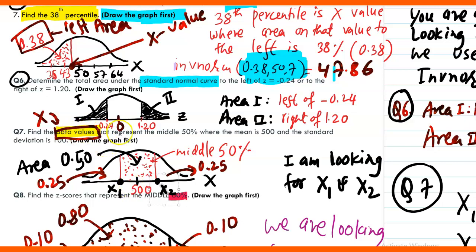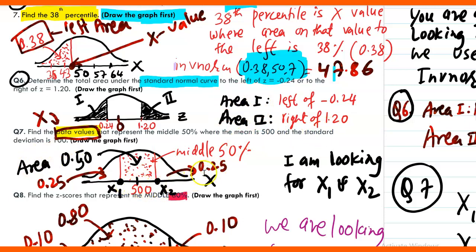And here's the thing. I draw the graph here because the question says to find the data values that represent the middle 50% of the area. If I make a normal curve, this is the data value line, and the peak is the mean, which is 500, and the standard deviation is 100.